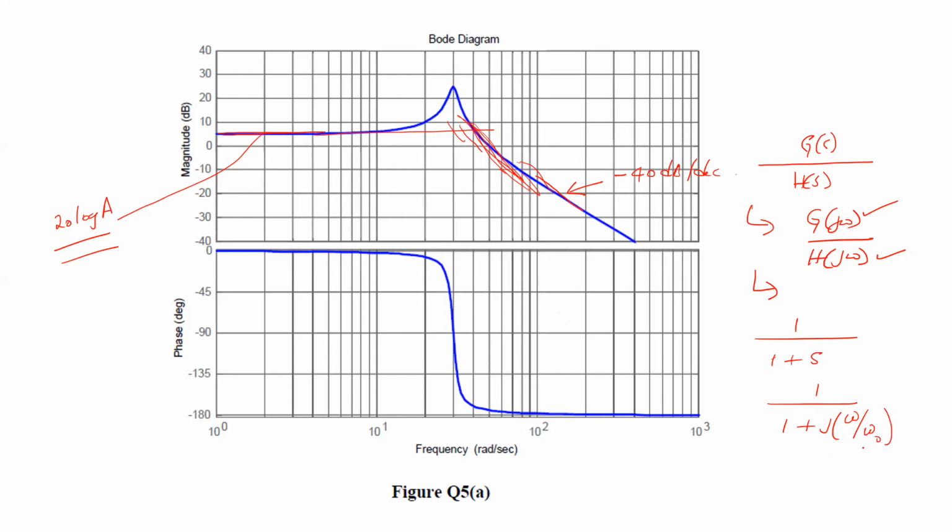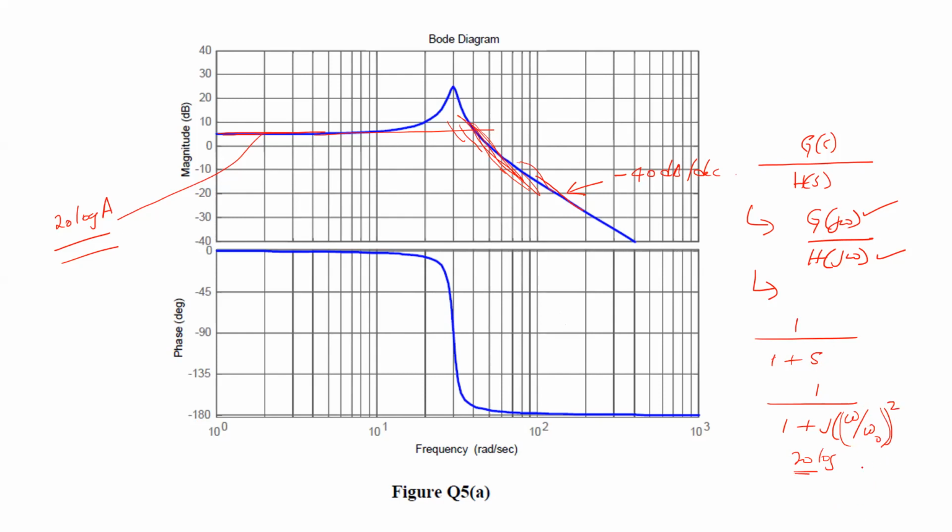When you convert this to logs, it will just be 20 log of whatever this is. That decreases at 20 dB per decade.